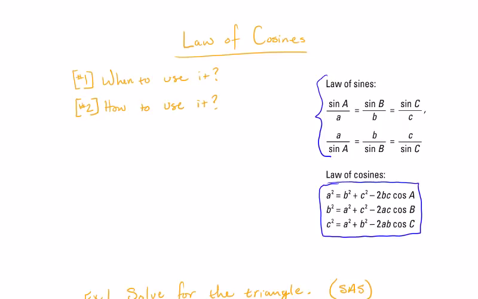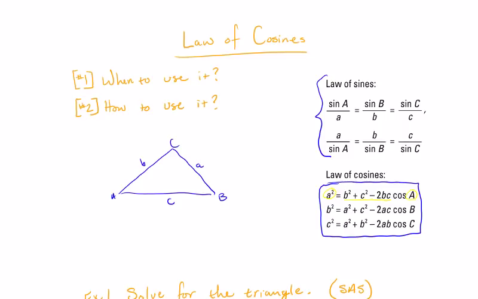Pretty straightforward, though. You can kind of see, if I give you a triangle here, this is A, B, C, right? So you have side A, side B, side C. If you take a look at the law of cosines, there are some interesting patterns. The opposite side will be alone, and then the cosine of the opposite angle will be over there, and then the other two sides will fill in the rest.